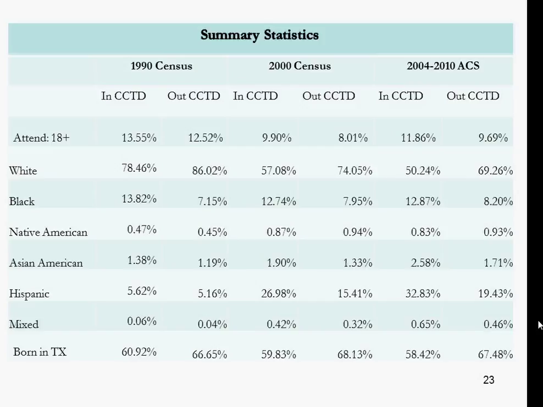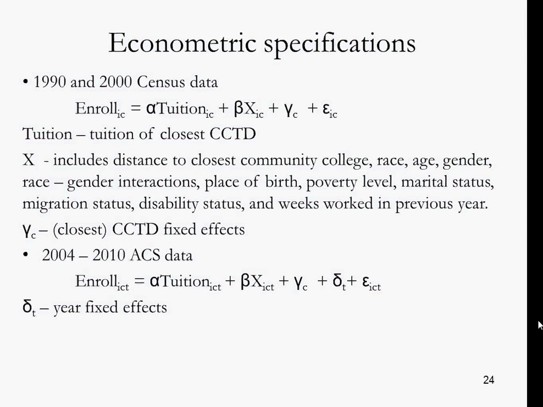And again, the other thing here is that although a fair amount are born in Texas, a lot of people are coming into Texas from out of state. So you only know if they're in the CC, whatever, at the same time they report whether they're in college. So right, if they move to go to college.